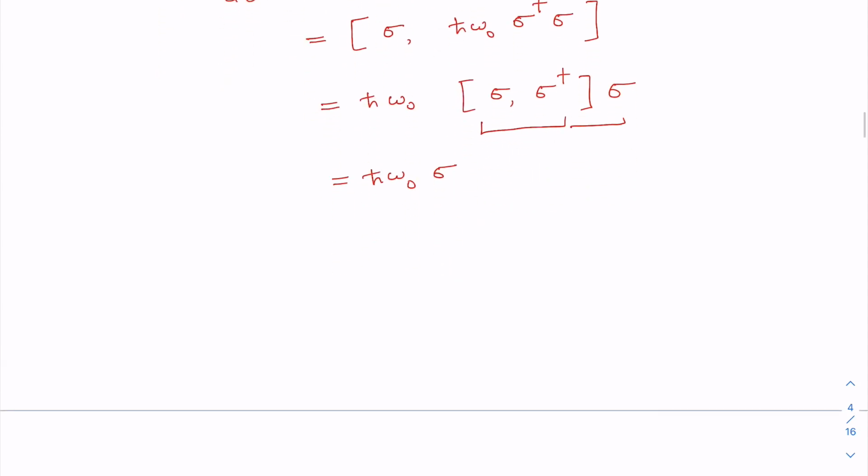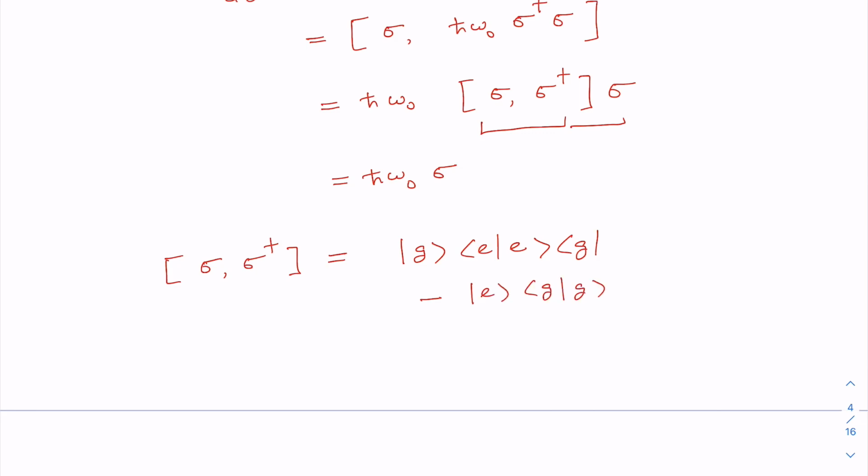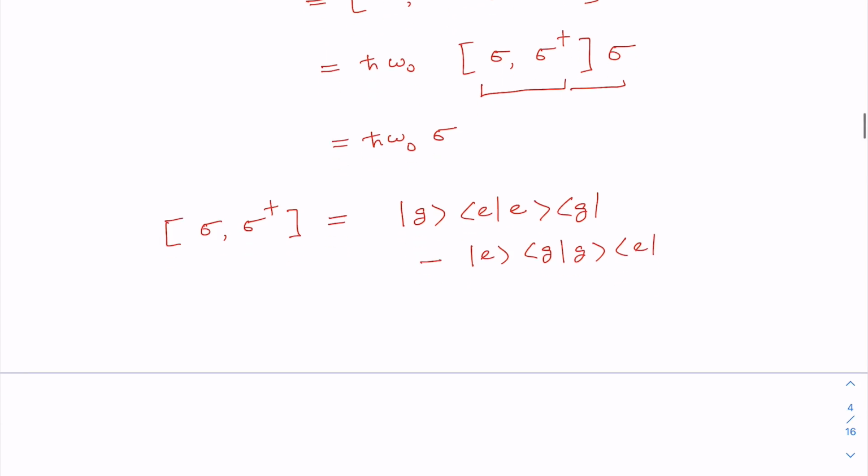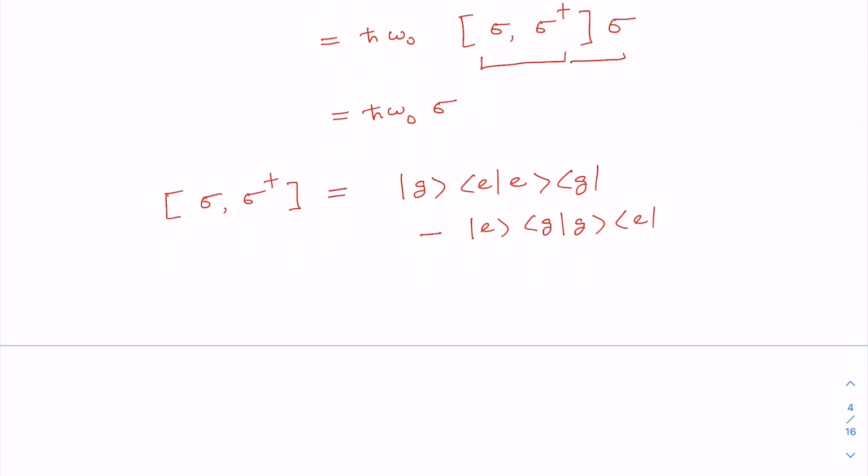Let me quickly show you how it can be worked out. Sigma sigma dagger, first let me work it out. Sigma is the atomic lowering operator, sigma dagger is e z, and that would be minus, you will have here e z, and here you would have z e. I hope you are getting it.